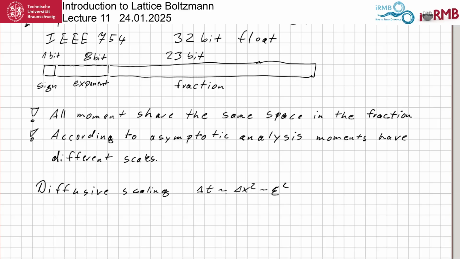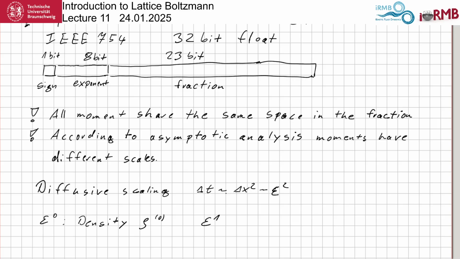According to our asymptotic analysis, parts of our moments are of order epsilon to the power of 0, so they are constant. This is the zeroth order part of the density.